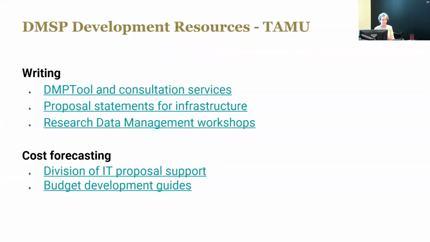There is some cost forecasting stuff, budget development guidelines, all those kinds of things from Texas A&M. Our library also does research data management workshops. We don't have anything specifically scheduled this summer, but we usually do some general research data management courses, or working with sensitive data, or using the DMP tools. So keep an eye out for those.